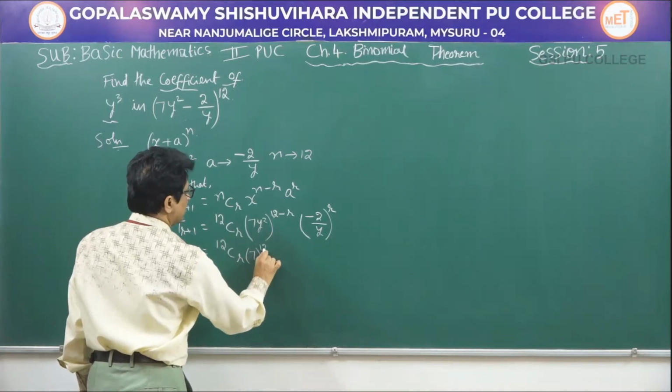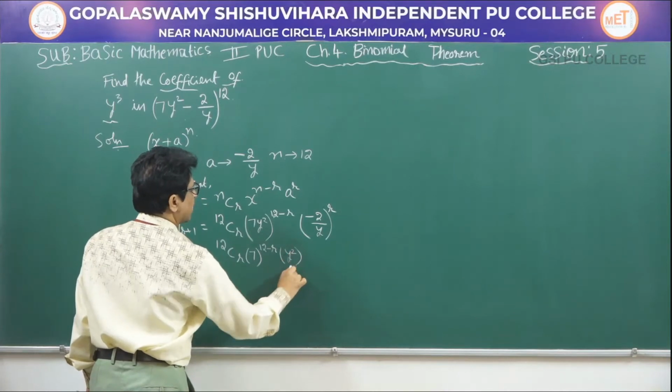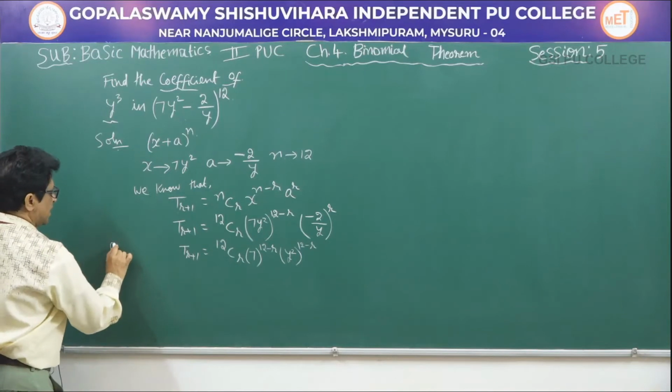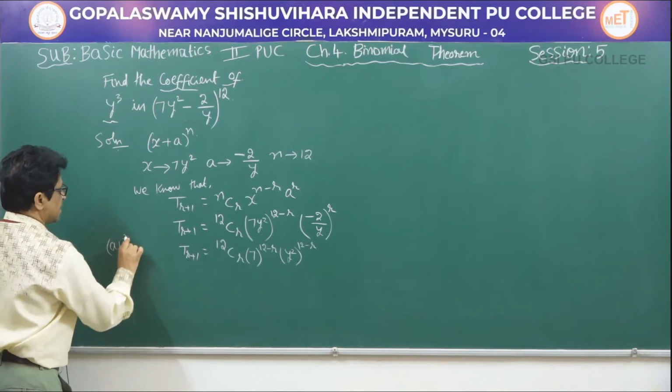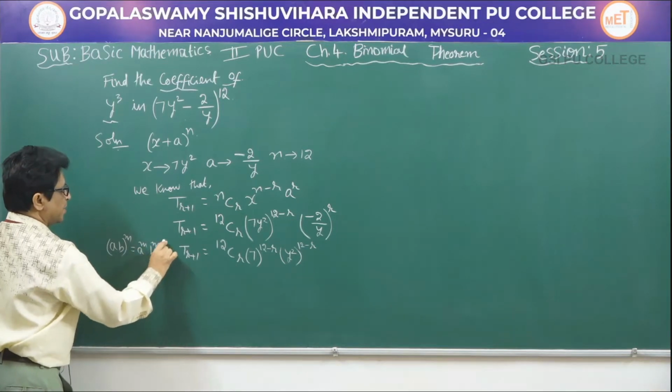can be written as 7 whole power 12 minus r into (y square) whole power 12 minus r by using the law of exponents, that is (ab) whole power m is a power m into b power m.